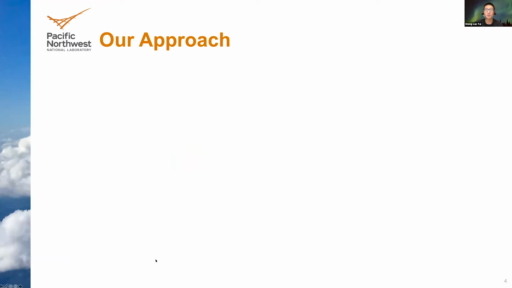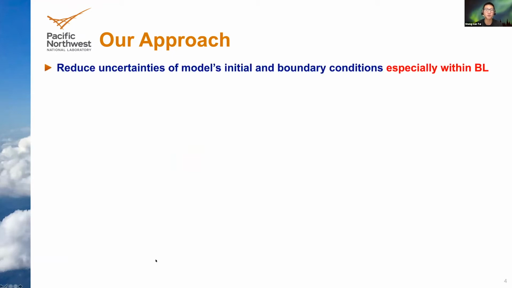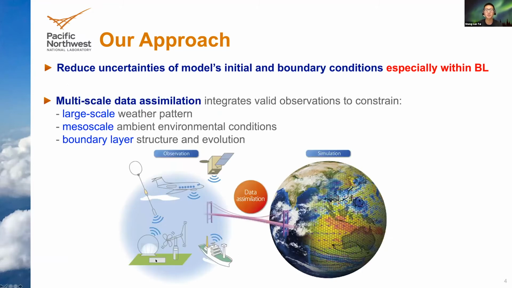Our approach is to reduce the model uncertainties in initial and boundary conditions, and especially focus within the boundary layer. By using a multi-scale data assimilation framework, we anticipate integrating all valid observations to constrain the large-scale weather pattern, then the mesoscale ambient environmental conditions, as well as the boundary layer structure and evolution.